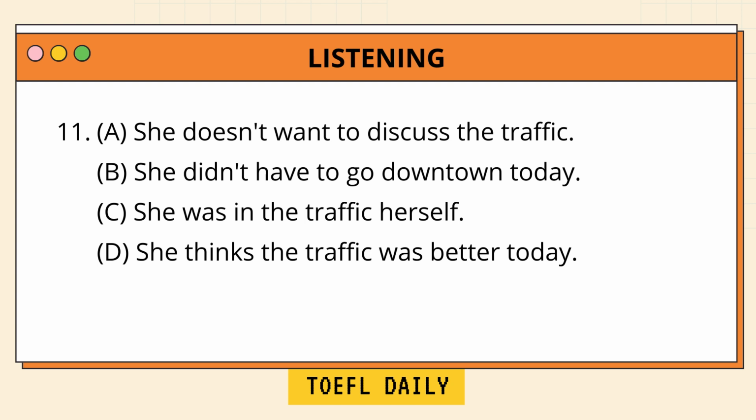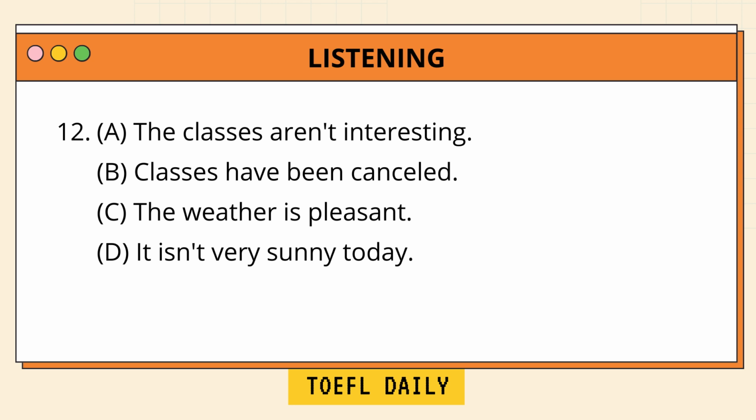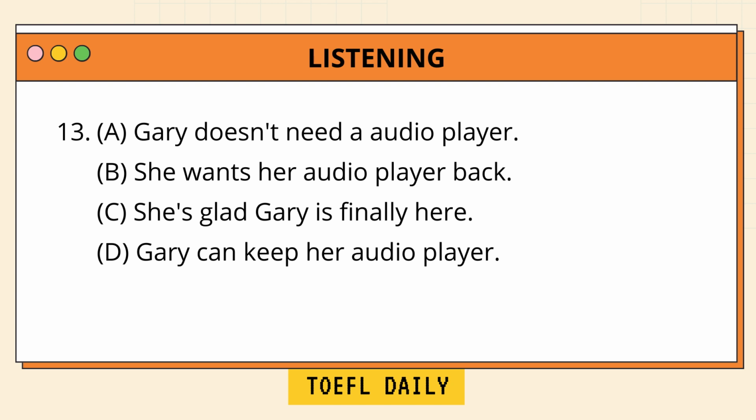Number 12. I wish my classes were over so I could get out and enjoy the sunshine. Nice out there, isn't it? What does the man mean? Number 13. Gary's using that old tape player of yours.